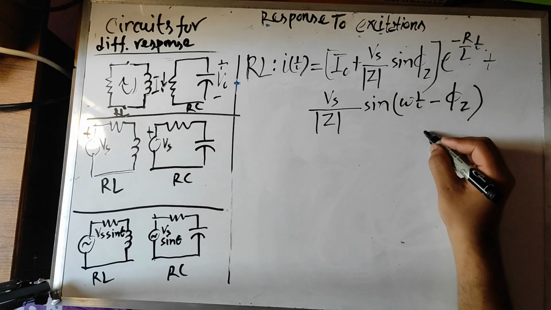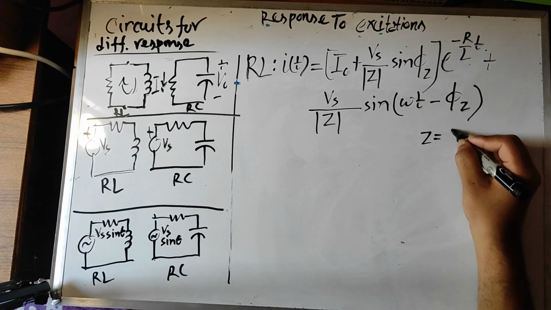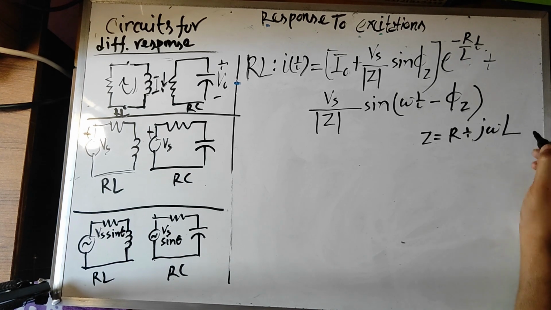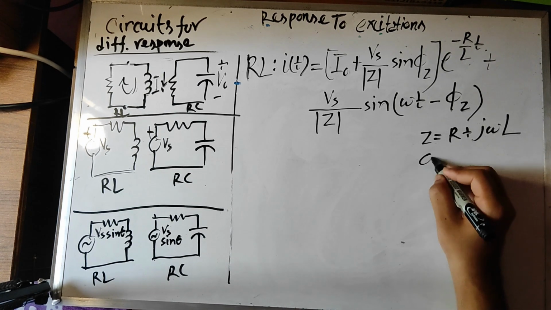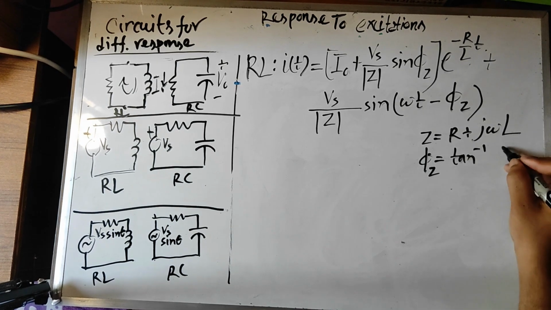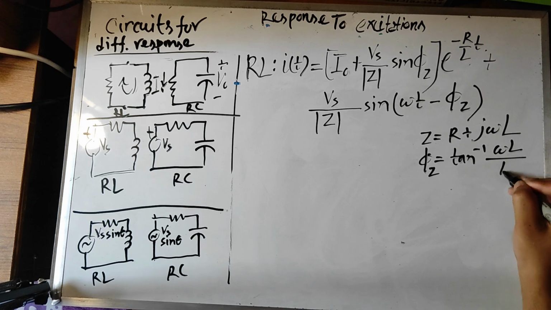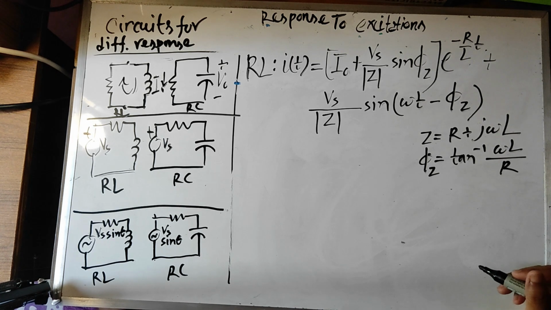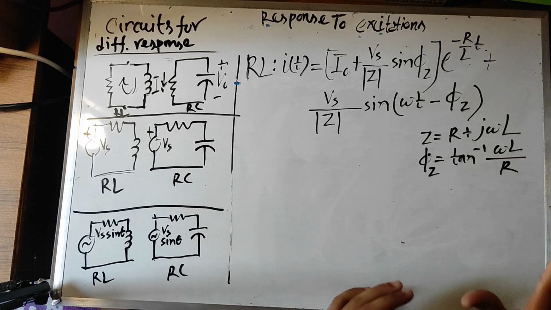So Z, the impedance, is R plus j omega L, and phi z is tan inverse of omega L by R. These are the considerations, and this is the response, obviously.